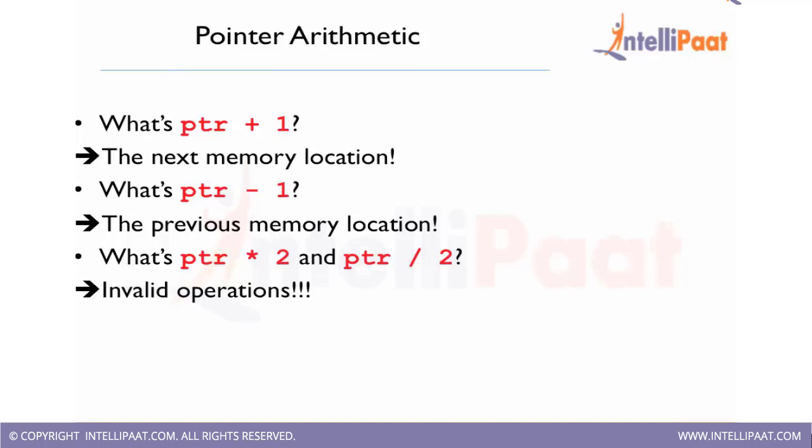Similarly with ptr minus 1, it will decrement the memory address by the size of the type of pointer we are referring to. Pointer times 2 and pointer divided by 2 are not valid operations. If we perform these operations, it will give us an error, so just be sure that we do not use these operations on pointers.